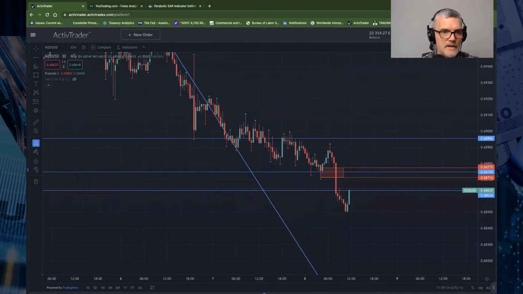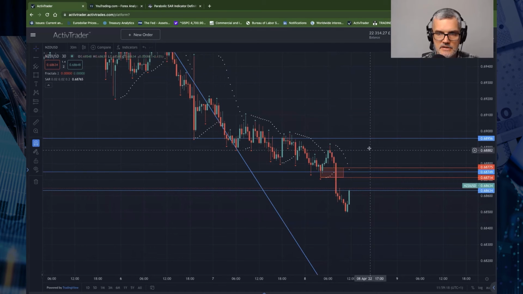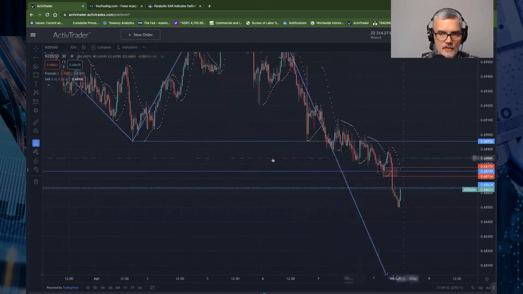Now, like I said, with the Parabolic SAR, we did have a break here. So our stop loss could go above this initial dot, and that sort of ties in with this swing high here. You can see this green triangle is the fractal. So we could be putting our stop there. We look to the left, we've got this market structure.